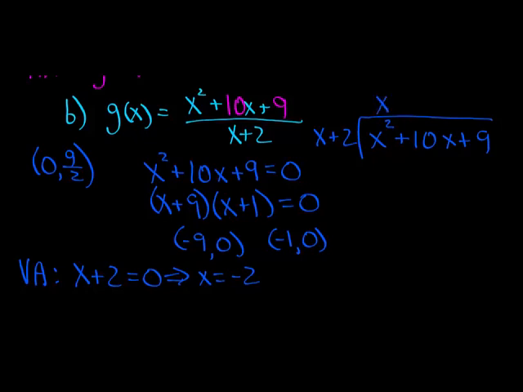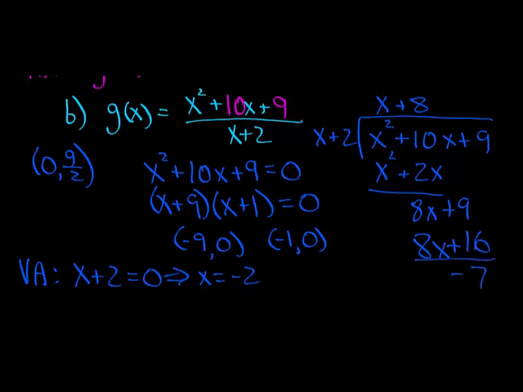So x into x squared will go x. Then we multiply. Now x will go into 8x plus 9, 8. And then we subtract and we get a -7.